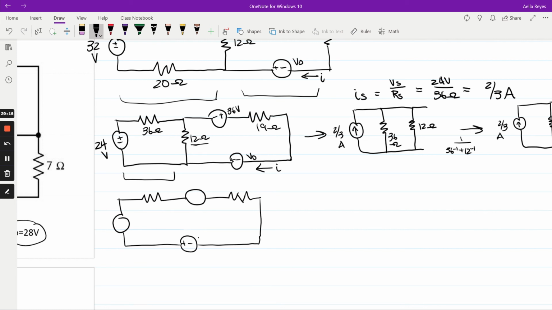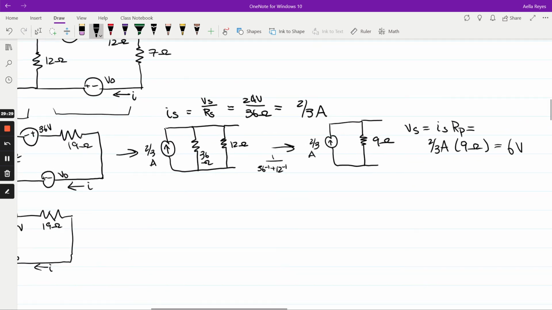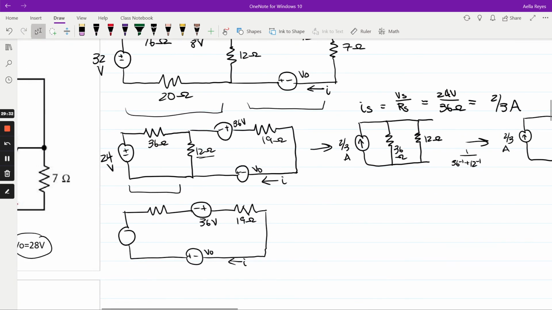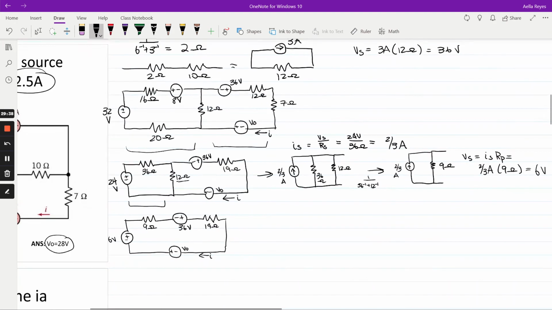This is still the original VO. This is still 19 ohms. This is still 36 volts. And now the 12 ohm is gone, and we've source transformed into this final form of a 6-volt battery in series with a 9 ohm resistor.